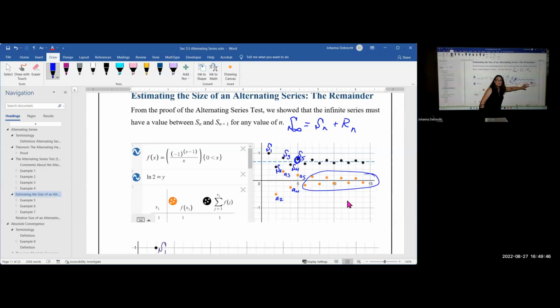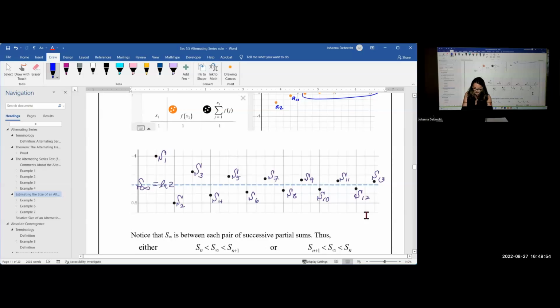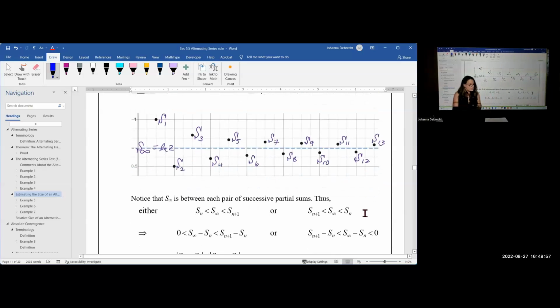We need to know how much error all those other terms create. All of these other terms combined together give us the remainder, the error in using just the first 5 to approximate. And you can see that we're looking at the sequence of partial sums, and the odd ones are decreasing towards the natural log of 2, and the even ones are increasing towards the natural log of 2. We know from other techniques that are beyond our ability at this point that S infinity is the natural log of 2 when written in this way.